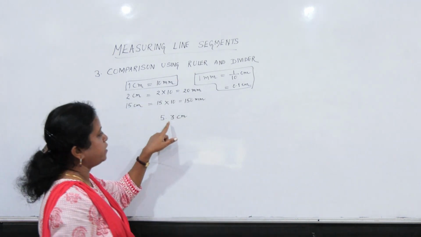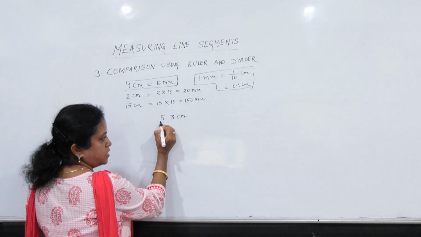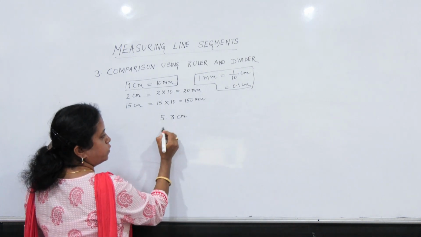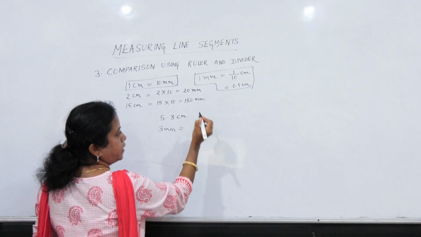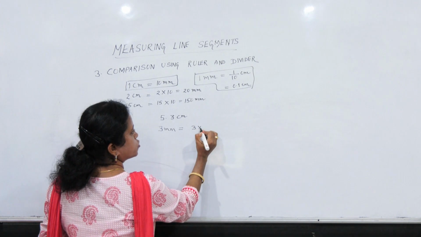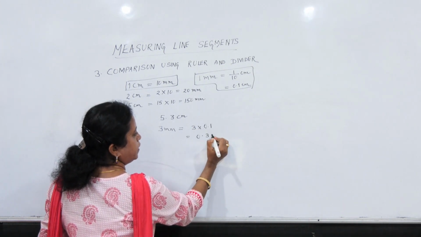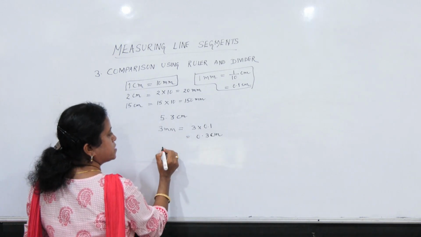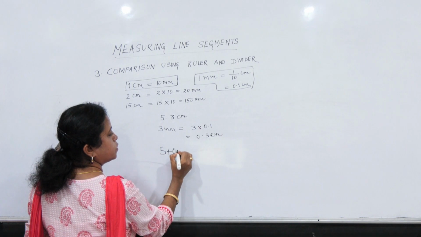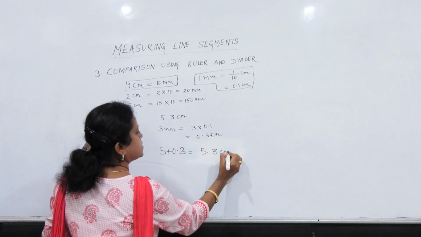That means 5.3 centimeter is 5 centimeter and 3 millimeter. इसको convert करेंगे 3 into 0.1, that is equal to 0.3 centimeter. So now you get 5 plus 0.3, that is equal to 5.3 centimeter.